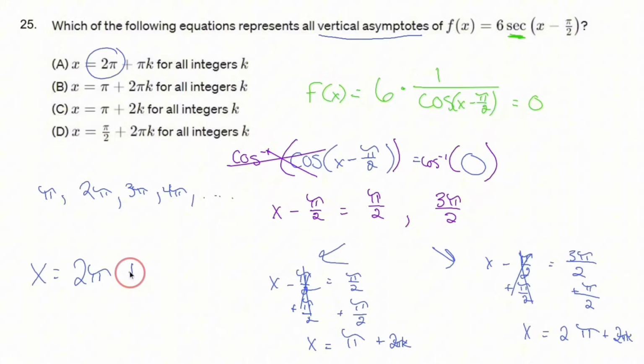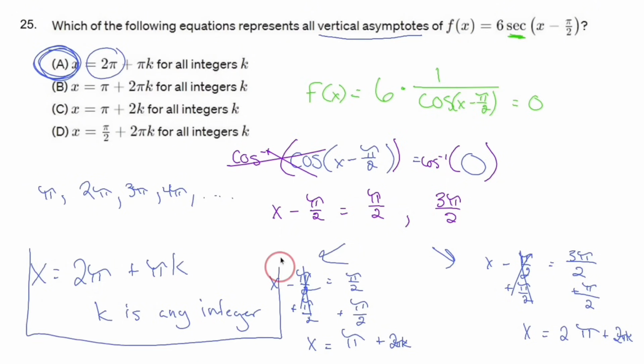If you're wondering about pi, k is any integer, which means it could be -1, -2, -3, so all of these will work. So A is going to be my guy, because all of these are only focused on adding 2 pi instead of regular pi. We had to word the answer differently than maybe what we're used to, but the numbers are convenient enough that we can make A our selection.